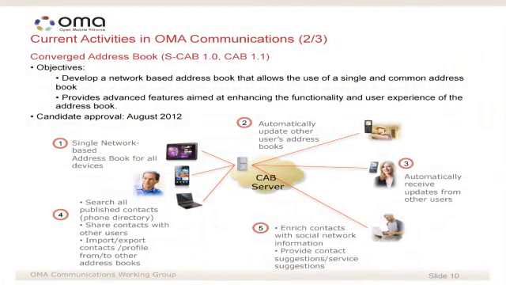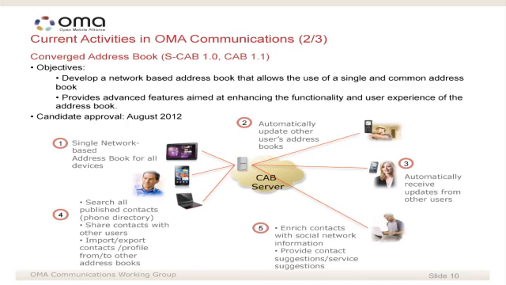Communication is not just about messaging, but also how you start a messaging service or communication service. In many cases, users use the address book as a landing pad for different types of communications. The goal of this initiative in OMA, in Converged Address Book, is that there are different types of address books that exist nowadays, which could be device-based, or SIM-based, or service-based, or ISP-offered.